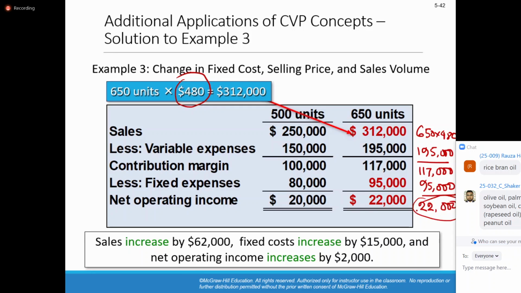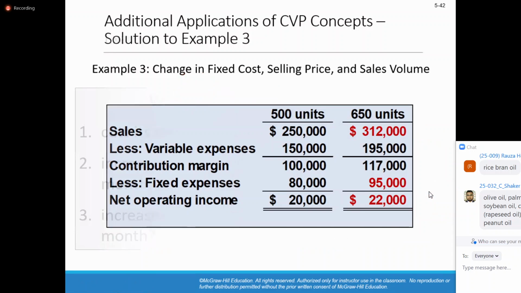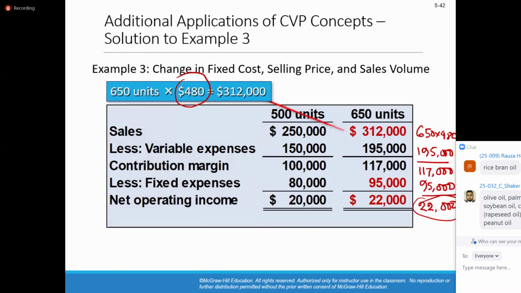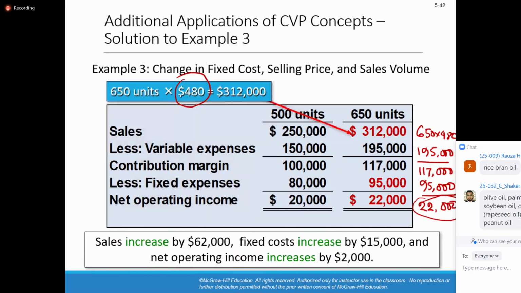And we see that for changes in these three variables, some changes might be positive, some might be negative. There is no clear answer that it is a positive thing or a negative thing. But we need to think of the scenario, what is happening, and whether it is in the expected direction. We see from our base case of 500 units, our profit is expected to go up by 2,000.